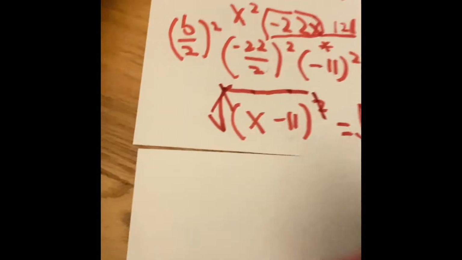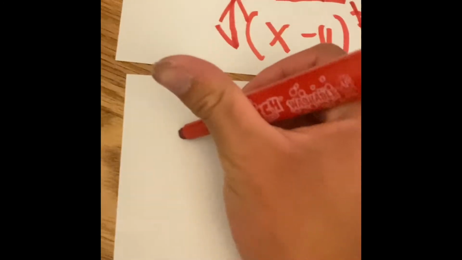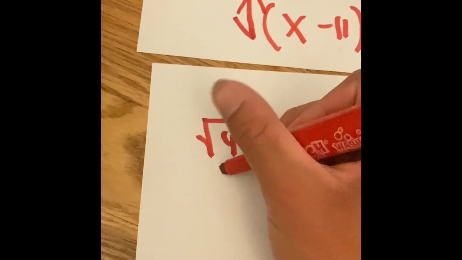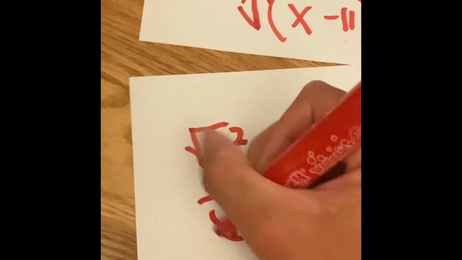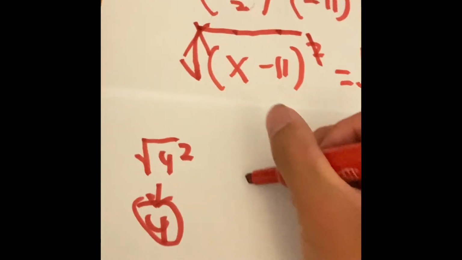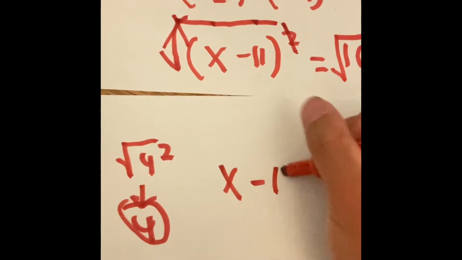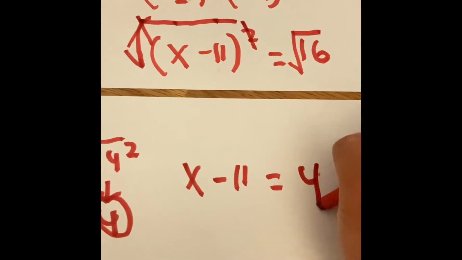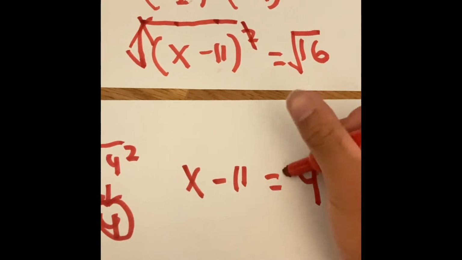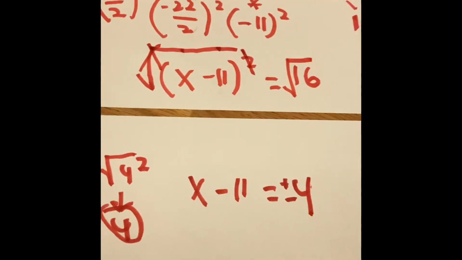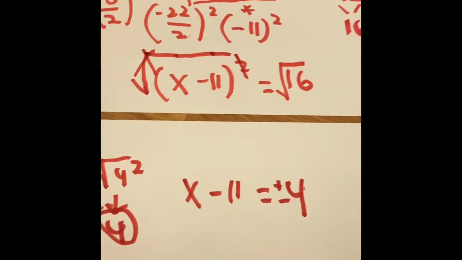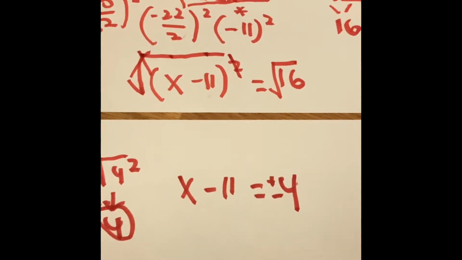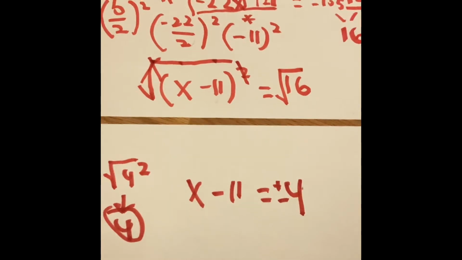It's funny because if you try to find the square root of 4 squared, they cancel out and the answer will be 4. So now we have x minus 11 equals the square root of 16, which is positive and negative 4, because positive 4 times positive 4 is 16, and negative 4 times negative 4 is also 16.